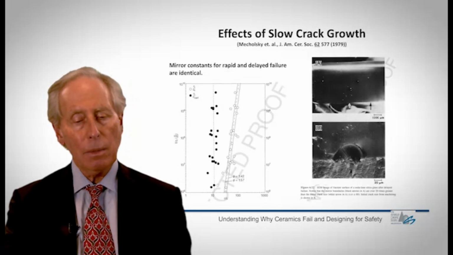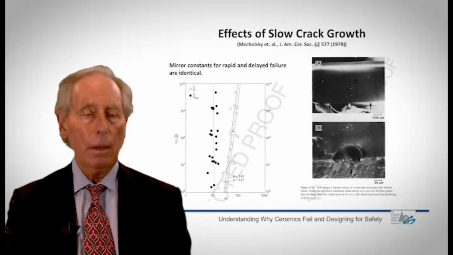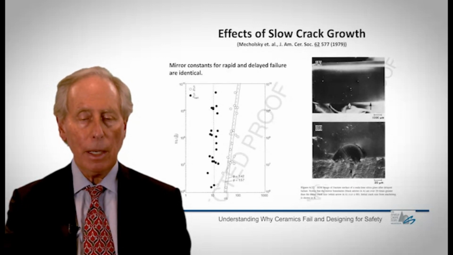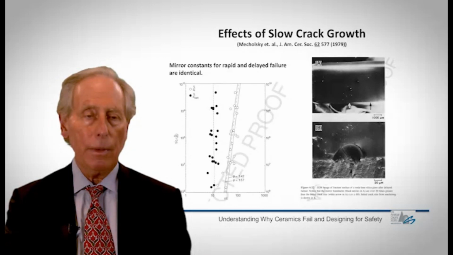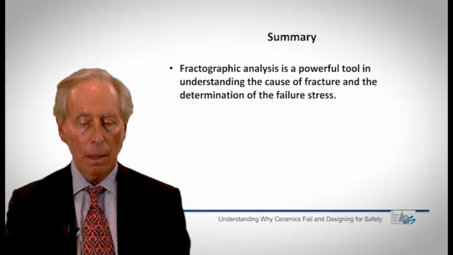It gives you another possible piece of information. It's a materials property that can be determined reasonably easily simply by going into the laboratory and measuring mirror constants as a function of stress on flexural specimens, for example.